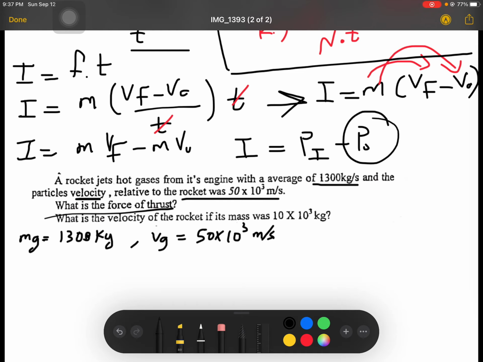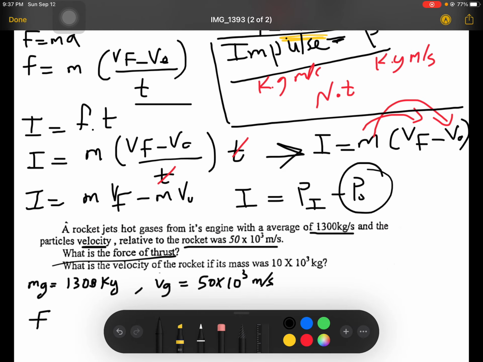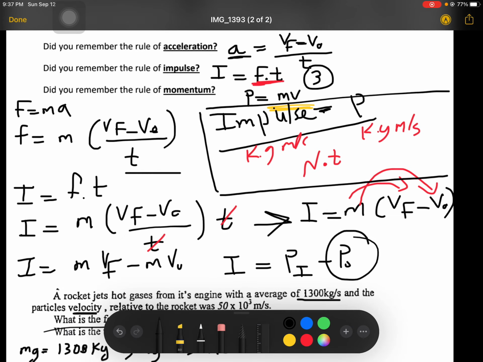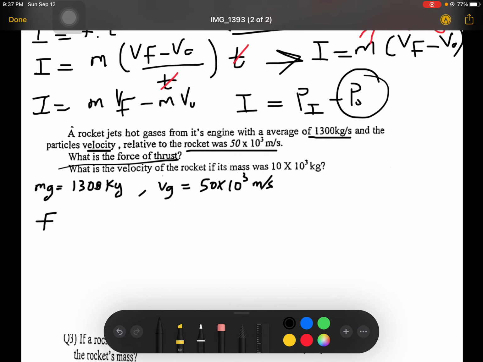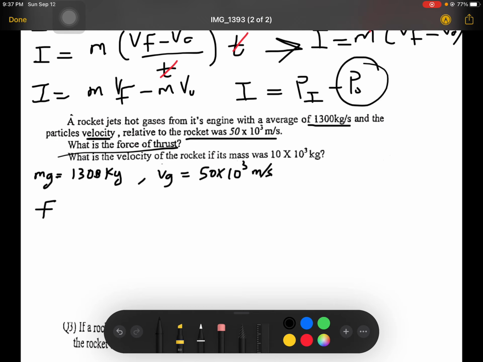So what is the force of thrust? We are looking for F, the force of the engine. So we agreed on the relation that we said.